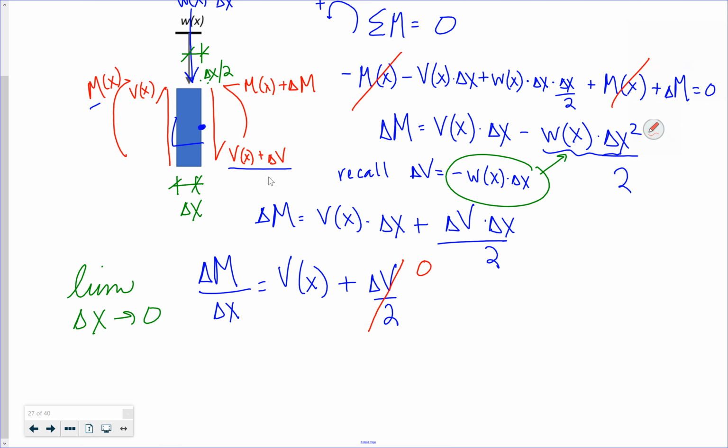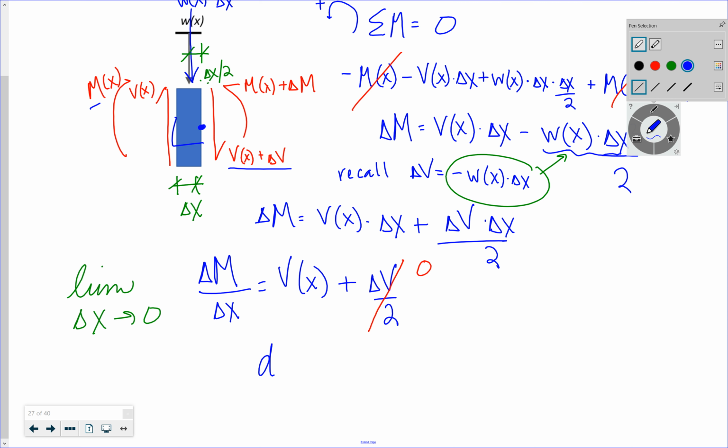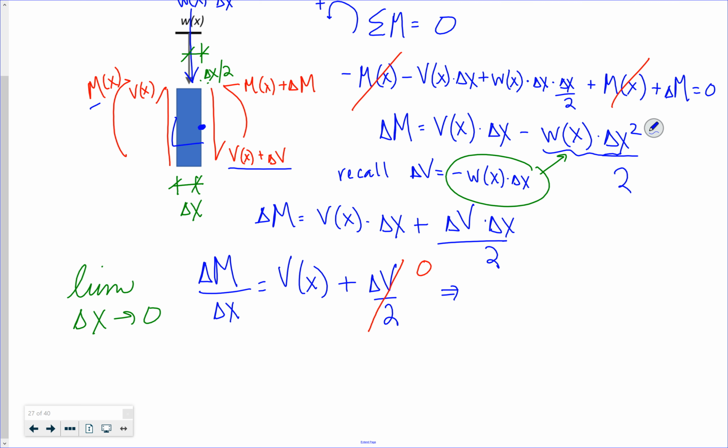So this means I get the derivative of the moment with respect to x is equal to the shear function.